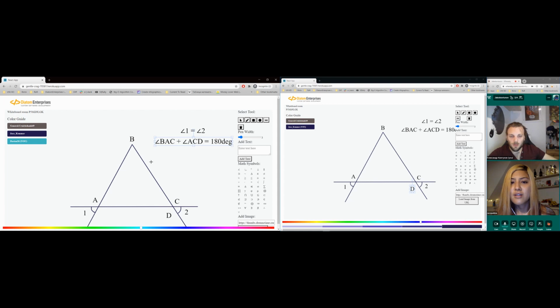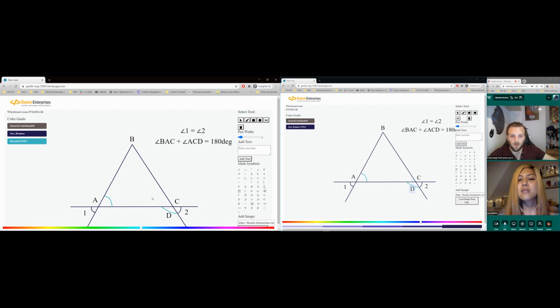Okay. So let's start by marking the angles that I need to prove. It's BAC, this one, plus angle ACD, that is this one. We need to prove that they are equal to 180 degrees, right?